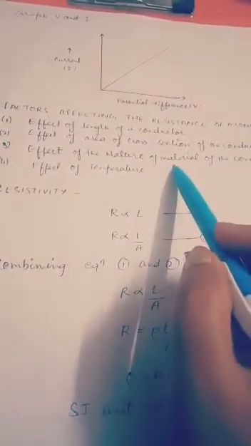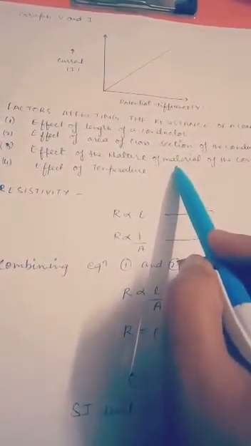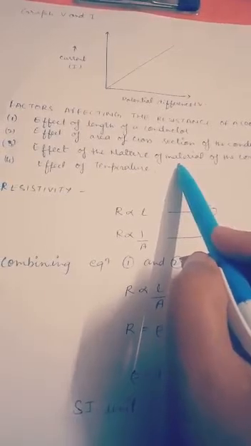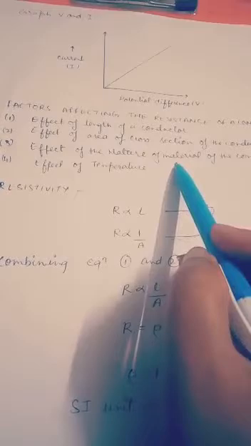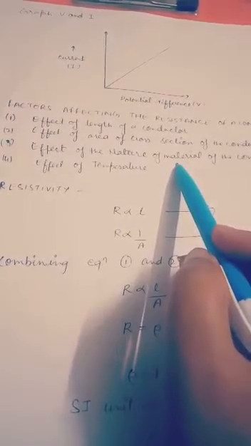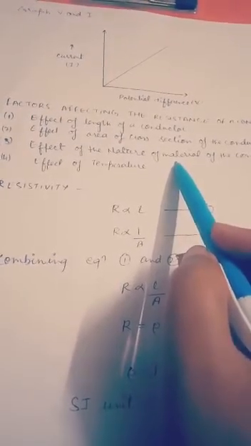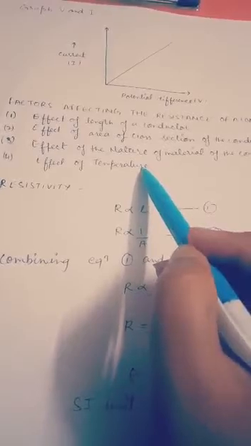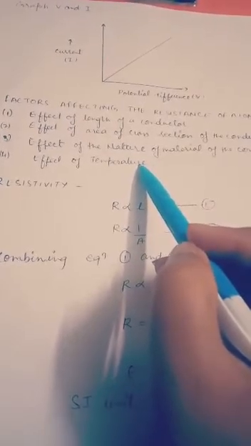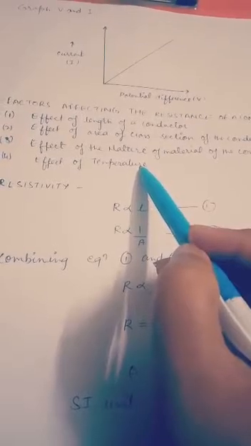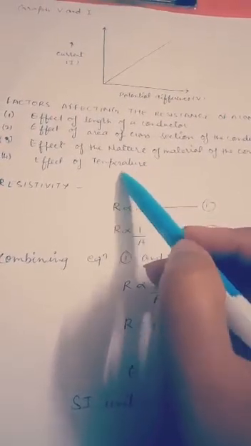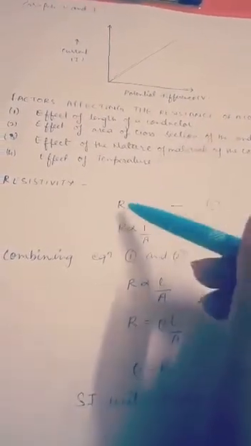The nature of the material: if you are using silver, silver is a very good conductor, the best conductor of electricity, so the resistance will be very, very low. And if you are taking nichrome, the resistance will be very high. Then temperature: more the temperature, the resistance will be low. Why? Because the electrons will be generated, they will be moving faster.